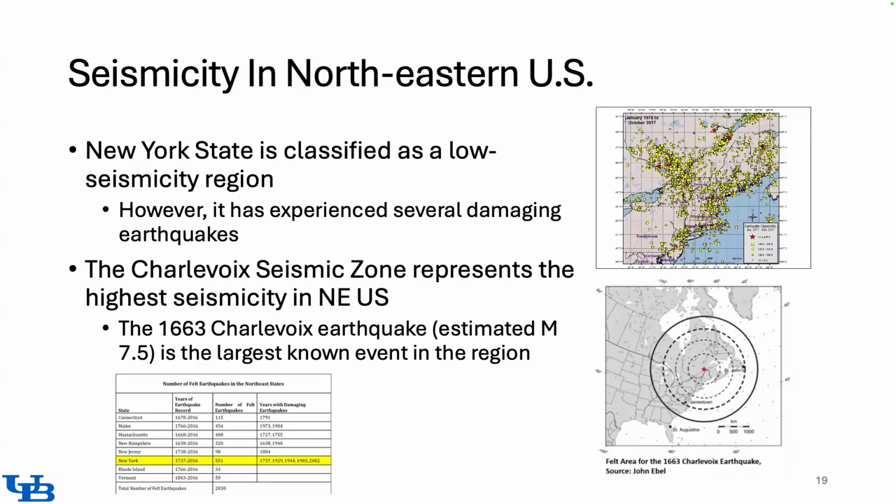So the higher the quality factor, meaning the more intact the material is, that slope will remain flatter. The smaller the quality factor, the slope will be higher, so the ground motion will decay faster.